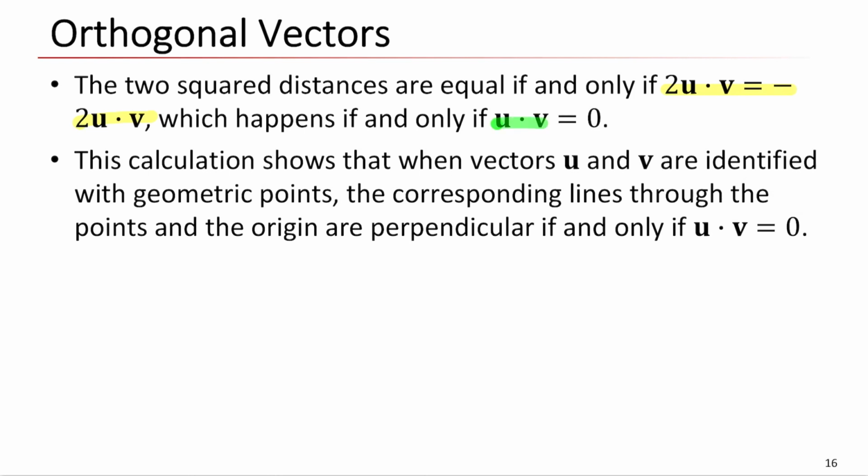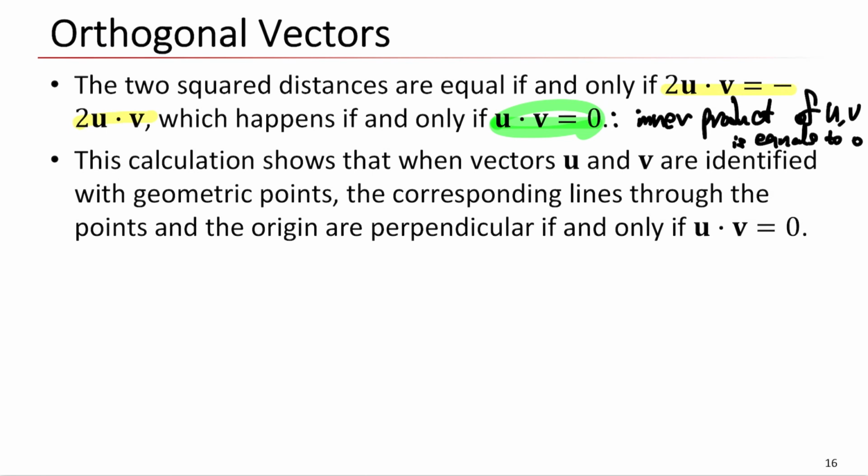This happens if and only if u transpose v is equal to 0, right? It means that the inner product of u and v is equal to 0. So in other words, if the inner product of vector u and vector v is equal to 0, then we can say that these two vectors are perpendicular.